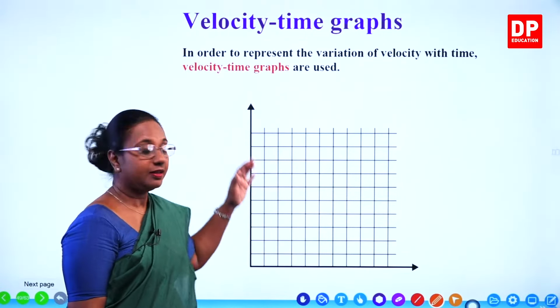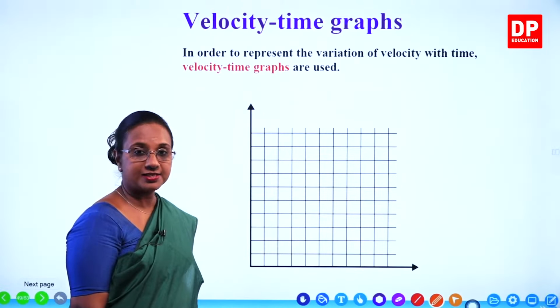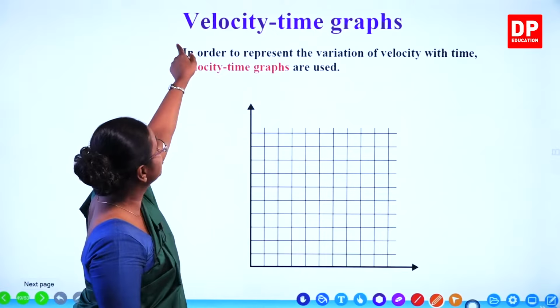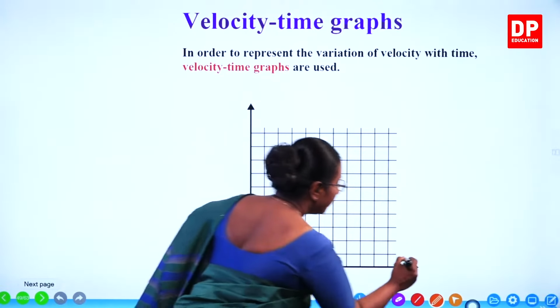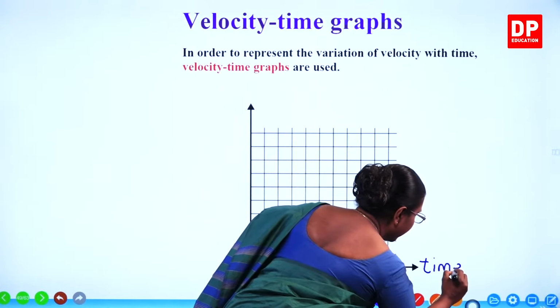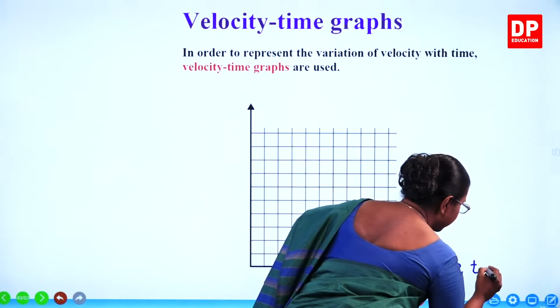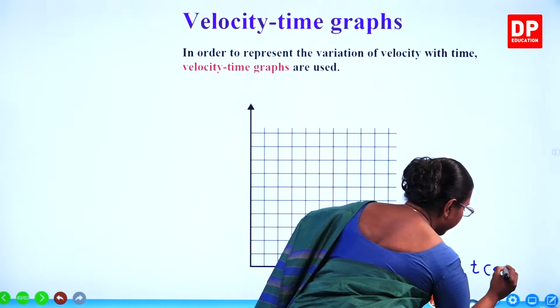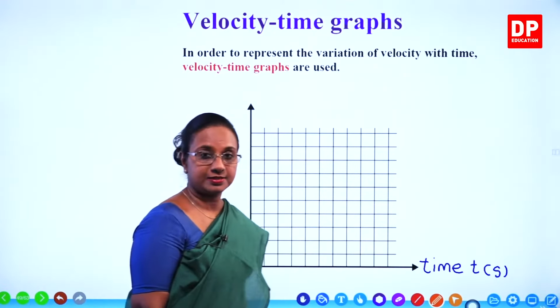So again, as you all know, a normal graph with an x and y axis. Since this is going to be a velocity time graph, we plot time on the x-axis. So you have to label the axis time, you have to write the symbol t and the unit seconds written within brackets.